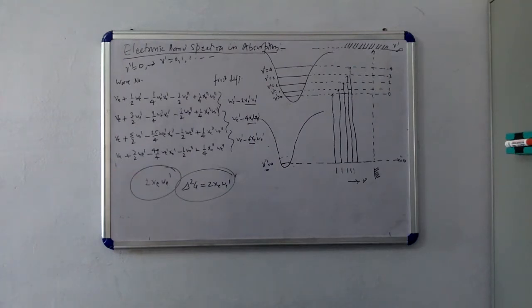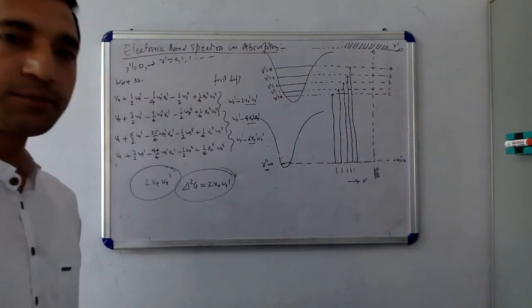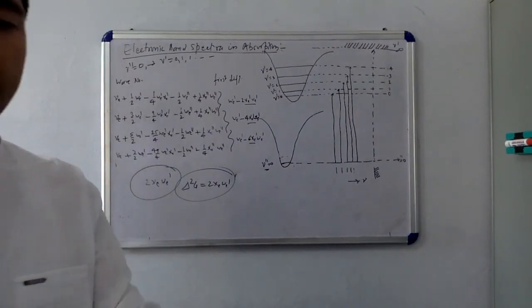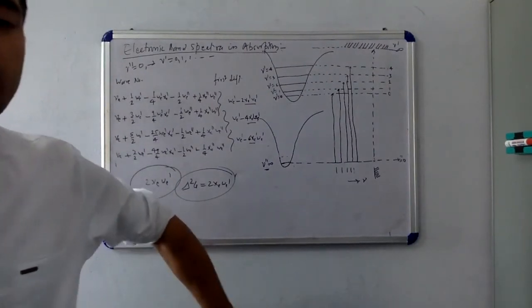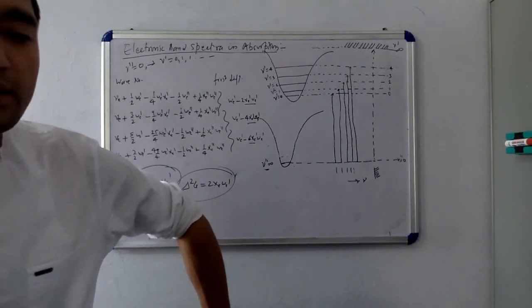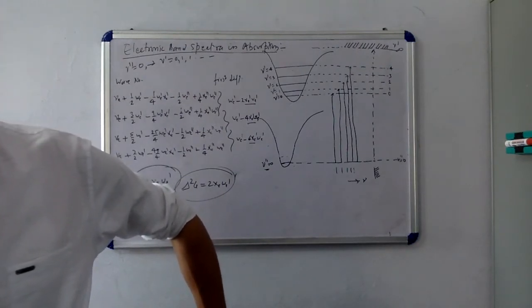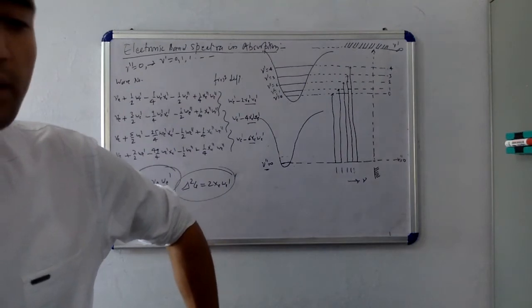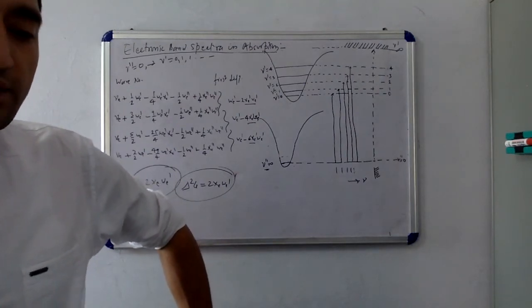Once this omega E prime and xe prime are measured, that is the known vibrational constant, obtained from the first difference.